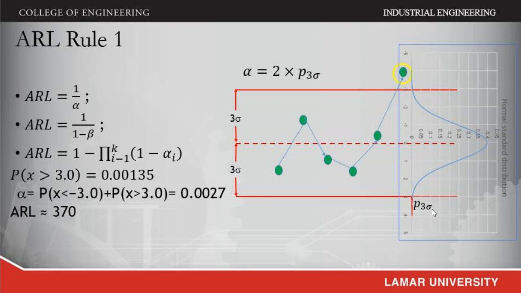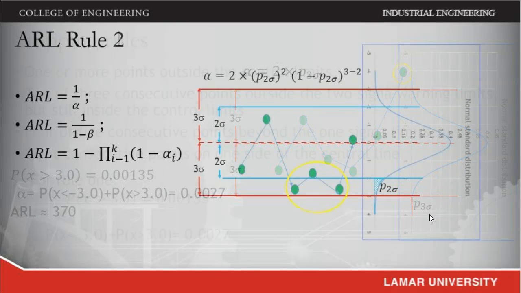So the probability of either extreme, obtaining 1 point underneath negative 3 or above 3.0, is, as I mentioned before, 0.0027. And that would be the alpha, and 1 over 0.0027 would be computed as the average run length.